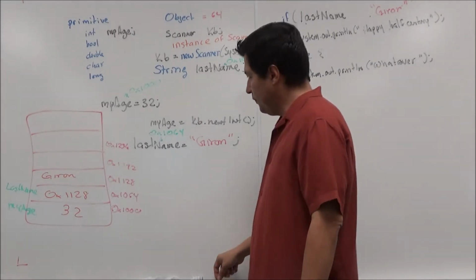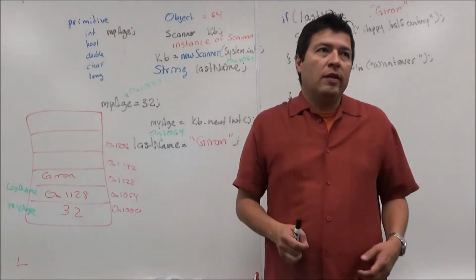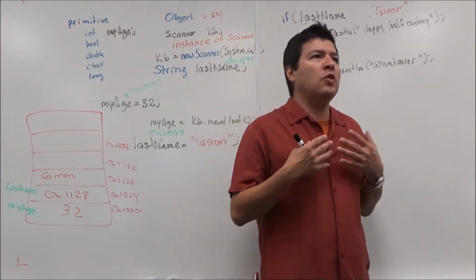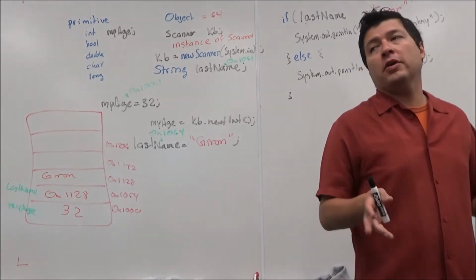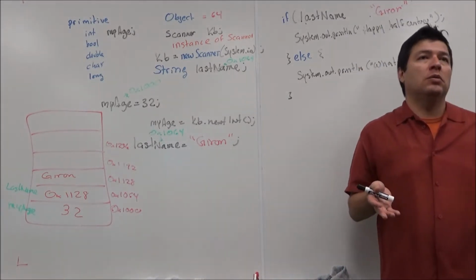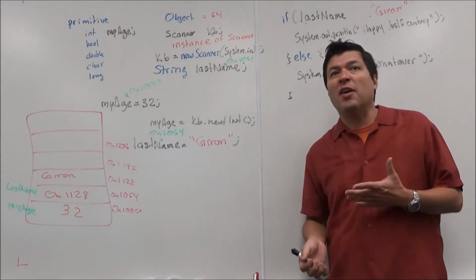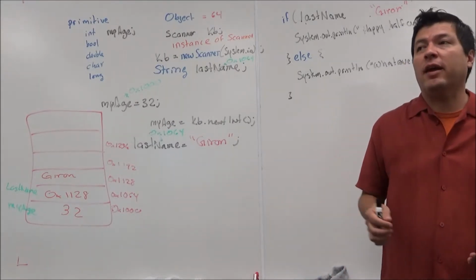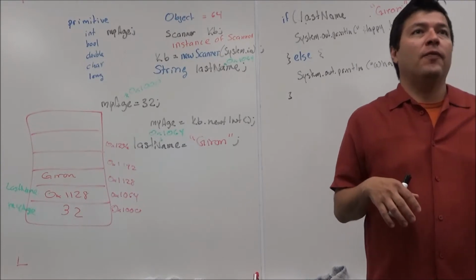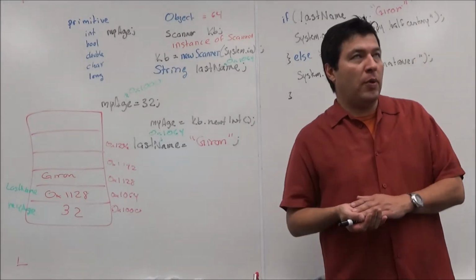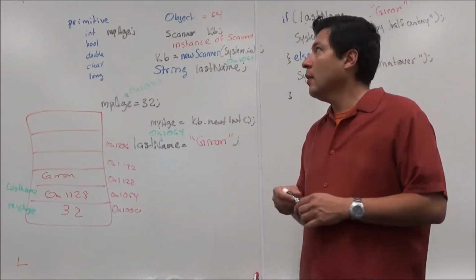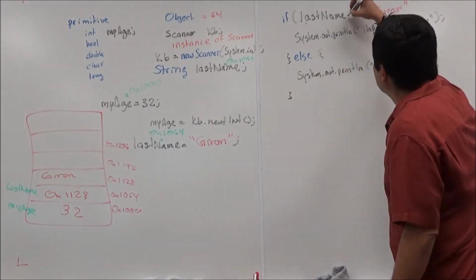So the computer needs to know how to determine if two objects are the same, because as far as it knows or cares, it's just comparing the addresses. But with objects, you can't compare addresses. You want to compare the contents of whatever those addresses are pointing to. So there's a method called equals.